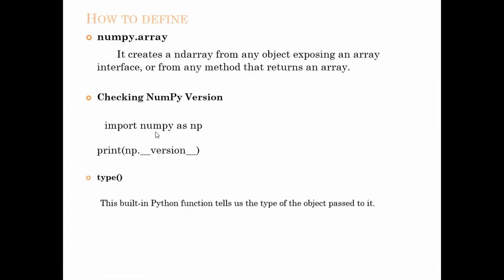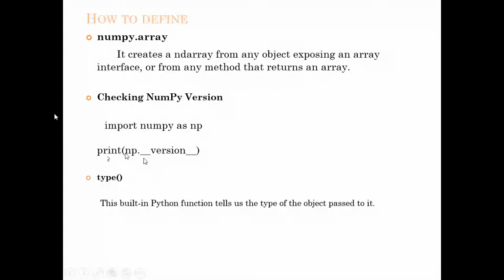And when you say as np, you are shortening the name numpy to np. This np must be a valid variable or identifier name. You should follow the rules we learned in the introduction, that you should not start a variable or identifier name with a number. No excuse for that.